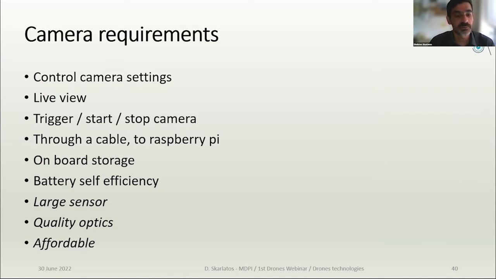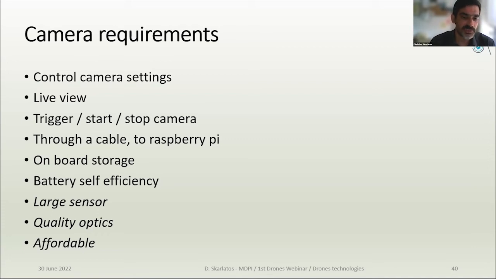You need to be able to trigger, start, stop the video camera or trigger the camera through a cable, not Wi-Fi, not Bluetooth, because both of them do not work properly underwater. So you need a hardwired cable going to the Raspberry Pi which will then transmit that to the surface.